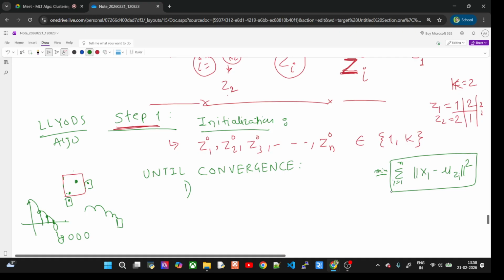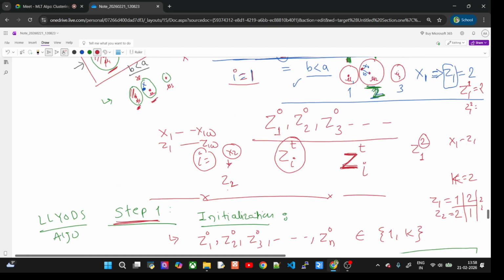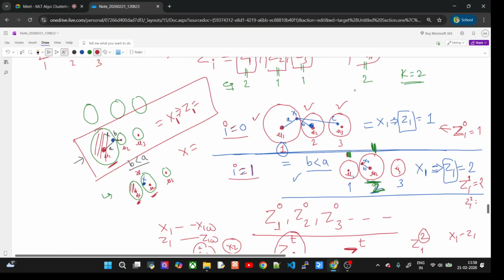Now, mu of zi means you have to calculate the mean at every jump. Once you do the jump, for the circle I showed you, this circle earlier had mean mu1, but now I found that x1 belongs to mu2, this cluster 2.